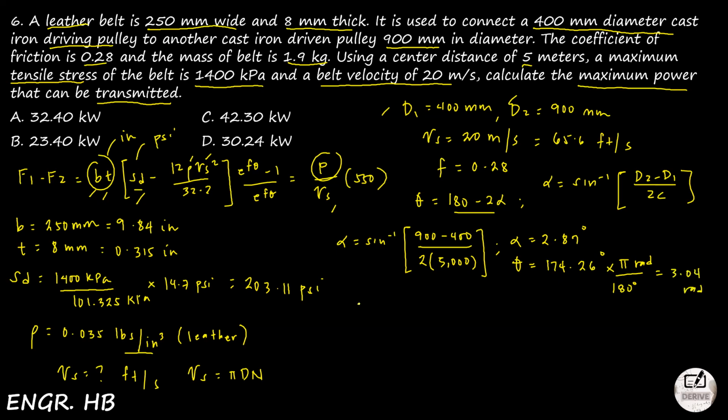So ibig sabihin ng e^(fθ) natin is e raised to 0.28 multiplied by 3.04, that was times 0.28. E raised mo doon. So that will become 2.34. So may 2.34 na tayo dito.